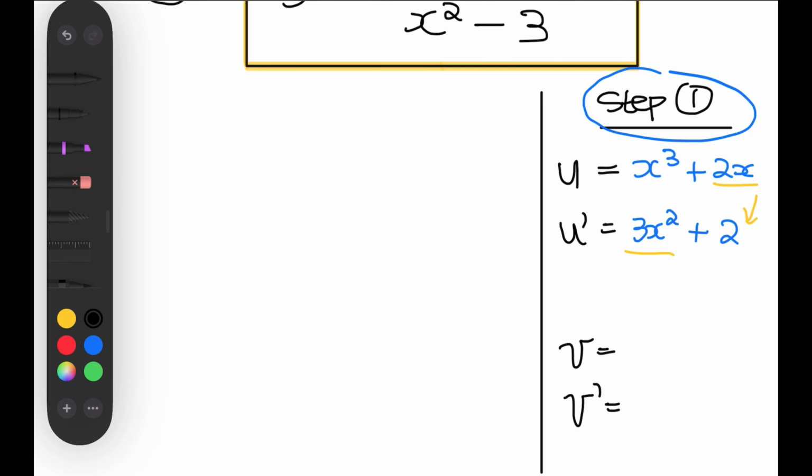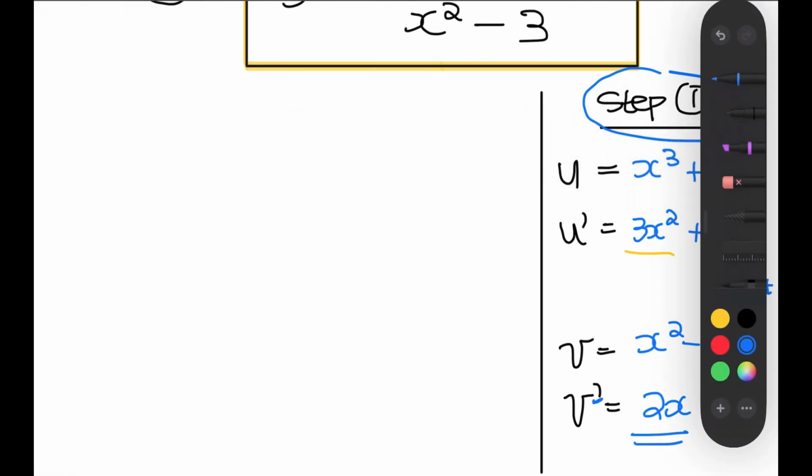And then I'm going to set my v to be the denominator, which is going to be x squared minus 3. And when I differentiate that, as indicated by the prime symbol, I'm going to get 2x. And notice again, negative 3 is a constant, and the derivative of a constant is always equal to 0. Hence, I get 2x.